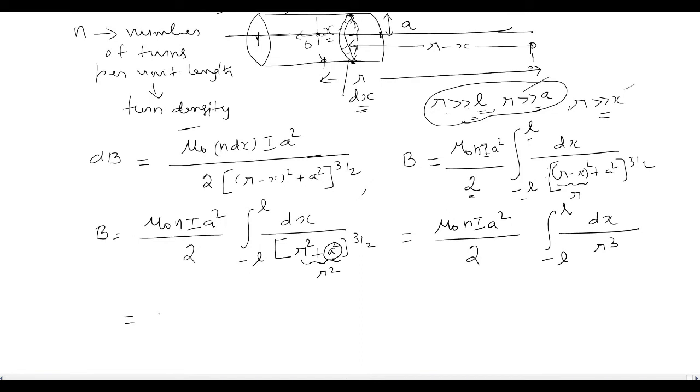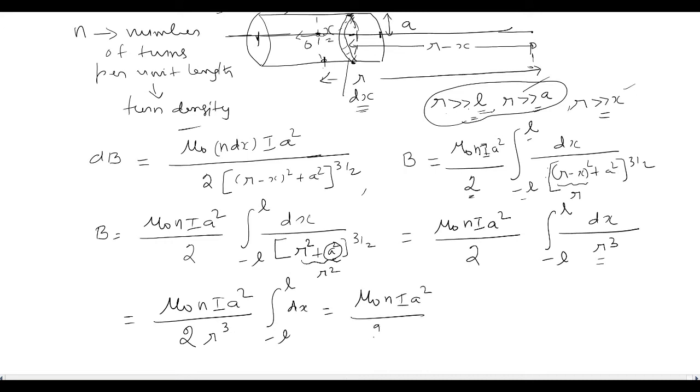So this is equal to mu naught n I A squared by 2, but r cube can be taken outside being constant, r cube integral minus L to plus L dx, which is again mu naught n I A squared by 2 r cube.